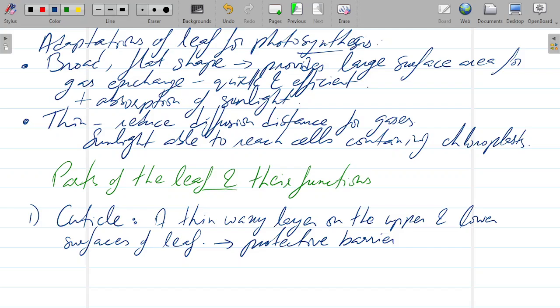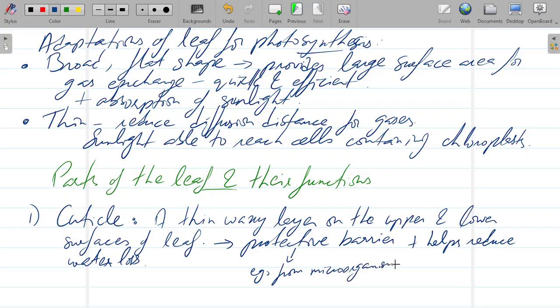And it helps reduce water loss. So again, a protective barrier, for example, from microorganisms that would be harmful to the leaf.